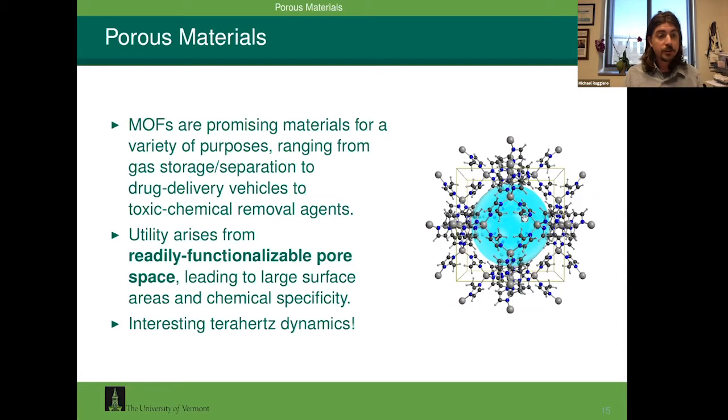You could also use it to purify dirty solutions. So there's applications where people have used MOFs to extract toxic chemicals out of runoff, industrial runoff. People have used these as drug delivery vehicles. And their utility comes from the fact that you can tune the property by changing the metal cation, the organic molecule, which changes the size and shape of the pore. So you have lots of degrees of customization.